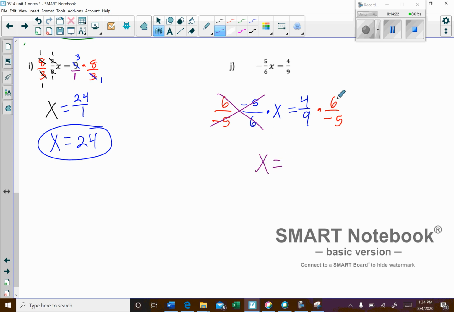Then on the right side, let's see, the 6 and the 9 can reduce. We'll go ahead and do that, down to a 3 and down to a 2. That's going to leave me with 8 over -15. You can leave it like that if you want. If you want to put the negative with the 8 instead, that's fine too. Either one of those is correct.